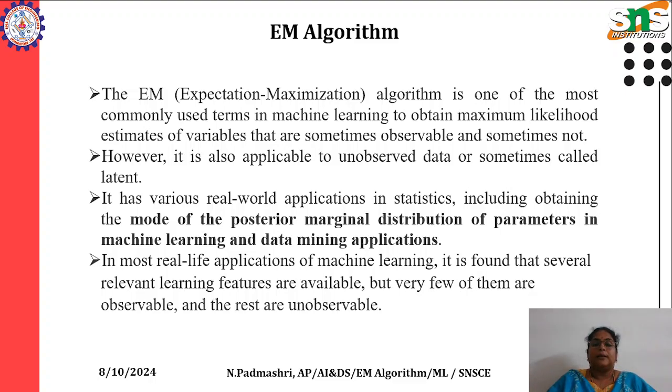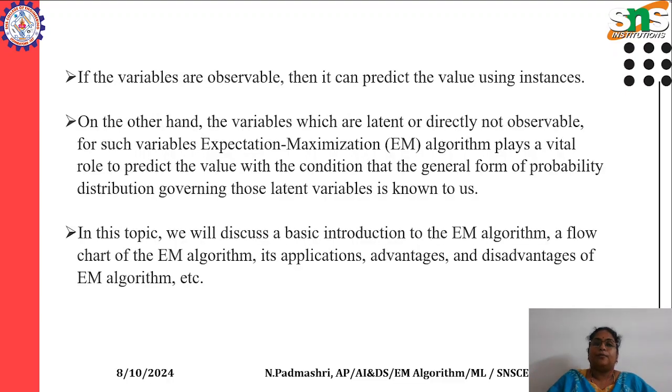If the variables are observable, then we are able to predict the values of instances. If the variables are not observable, which means unobservable, they are called latent variables. For variables which are latent or not directly observable, the EM algorithm plays a vital role.